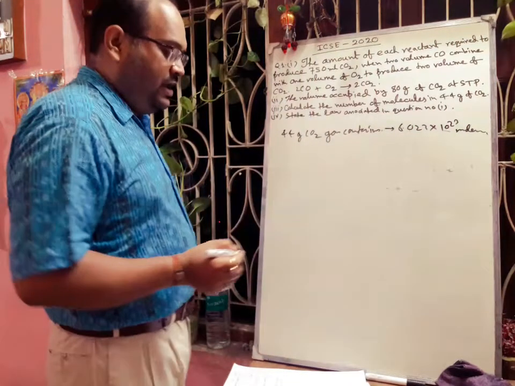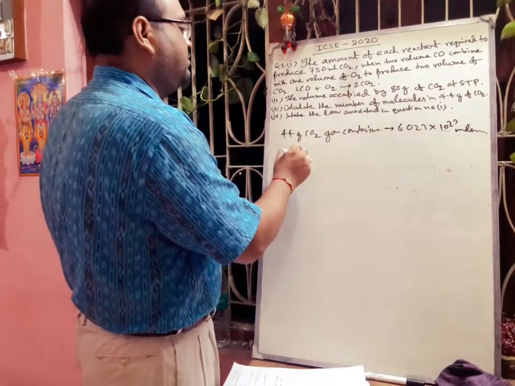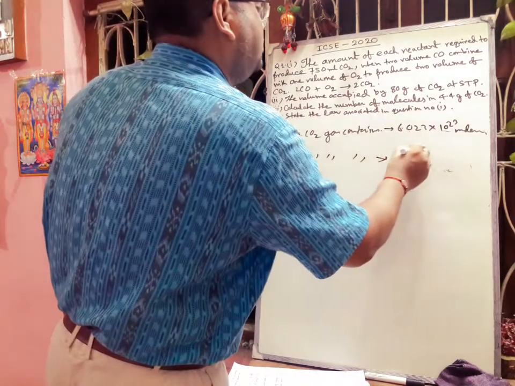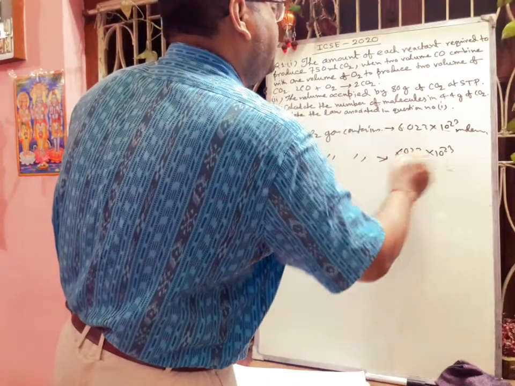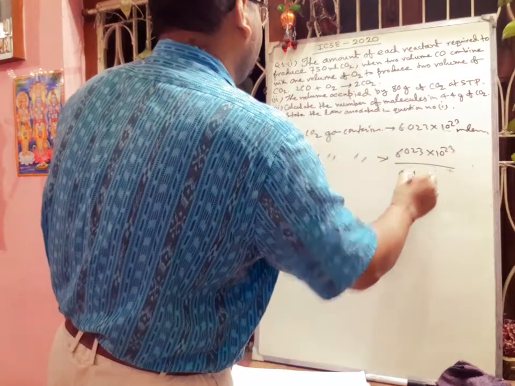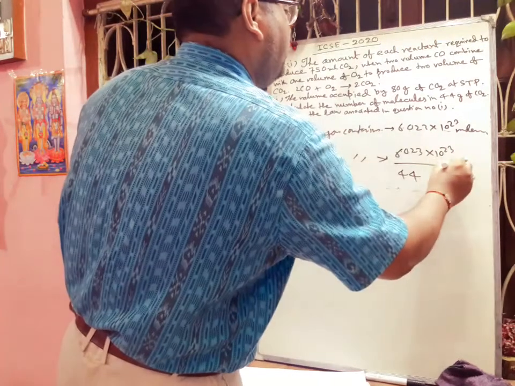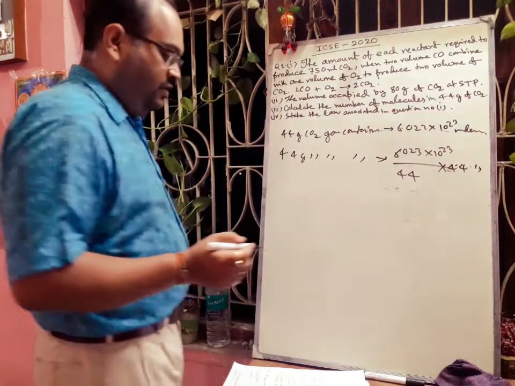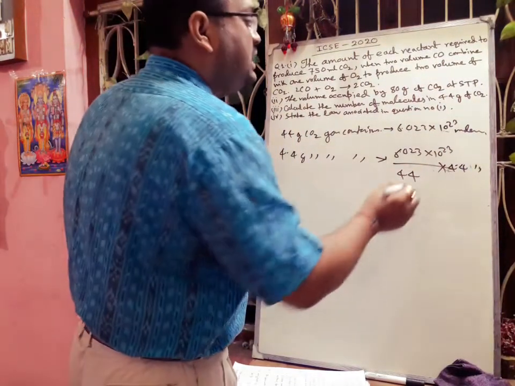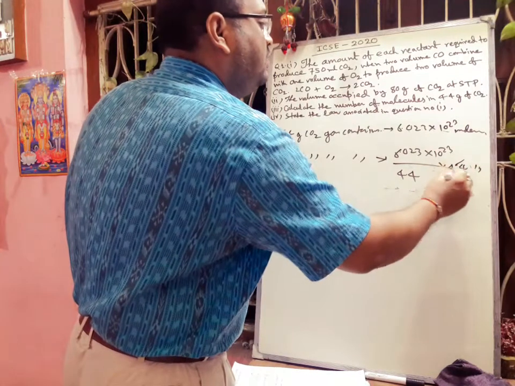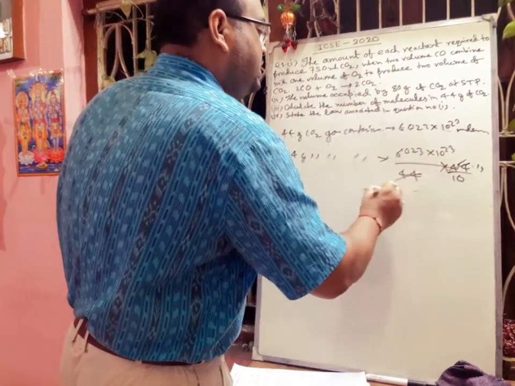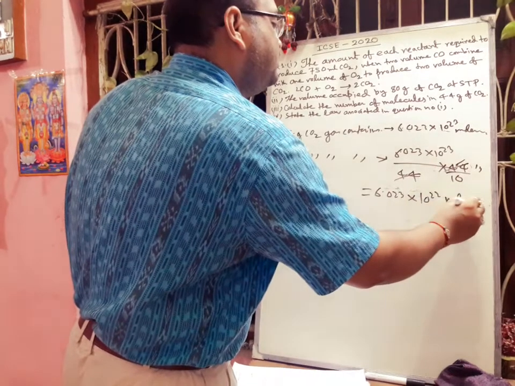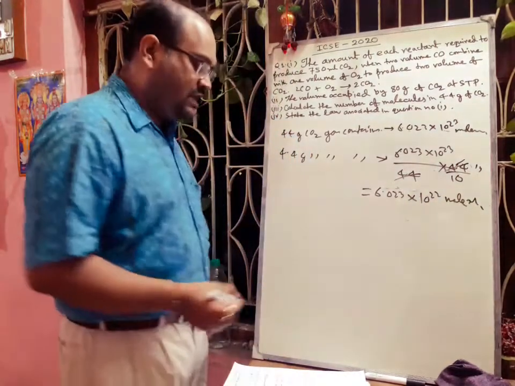Now we have to find it for 4.4 gram. 4.4 gram of carbon dioxide gas contains 6.023 into 10 to the power 23 divided by 44, into 4.4 molecules. If you calculate, that will be 6.023 into 10 to the power 22 molecules. That will be your answer.